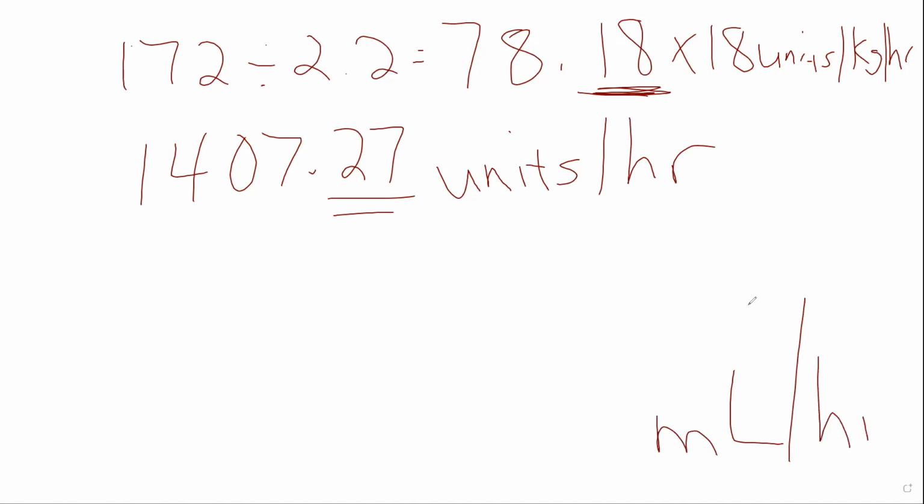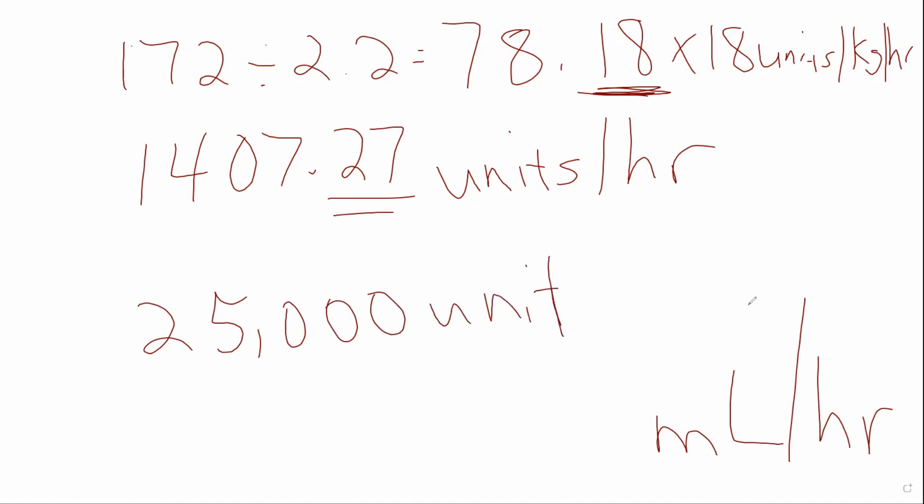All right, next thing is what do we have on hand? On hand, we have 25,000 units, and this is per 500 mLs, right? So now we're going to divide.